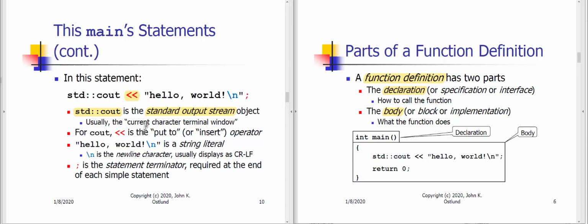The double less than symbol is the so-called put to or insert operator. And cout is the object on which that put to operator is operating. The argument passed to that operation is a string, hello world.